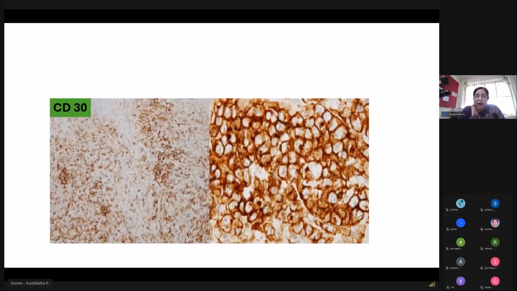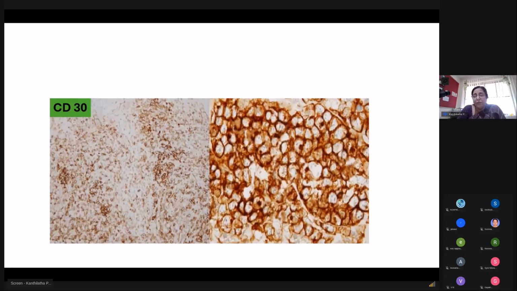The next thing that I asked for is CD30, because the diagnosis differential I had was primary cutaneous ALCL, and this you can see is diffusely CD30 positive. So in mycosis fungoides, CD30 is only negative, or maybe few scattered cells may be positive. Among the CD30 positive cutaneous lymphoproliferative are the lymphomatoid papulosis and the ALCL.